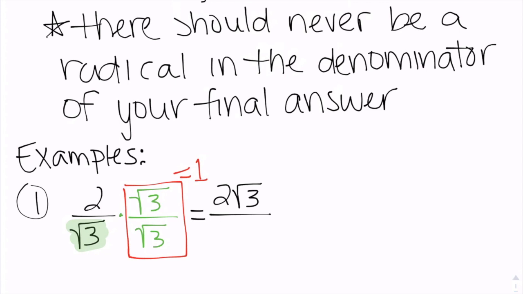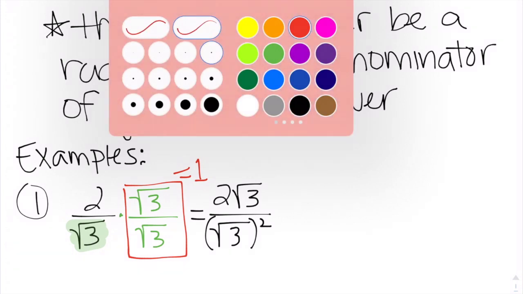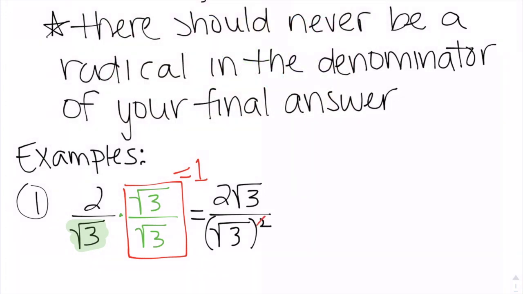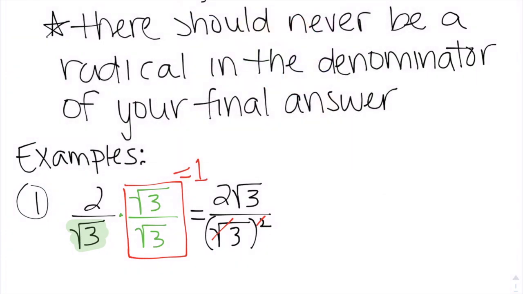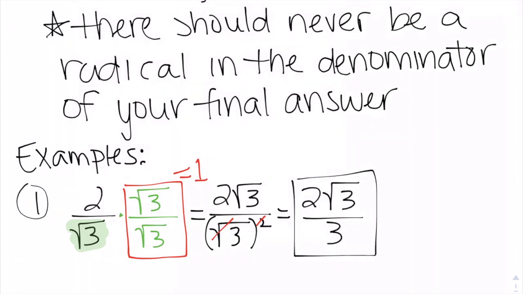So we get the square root of 3 times the square root of 3, which is the square root of 3 squared. And then the square cancels with the square root. And so we get 2 times the square root of 3 over 3 as our final answer.